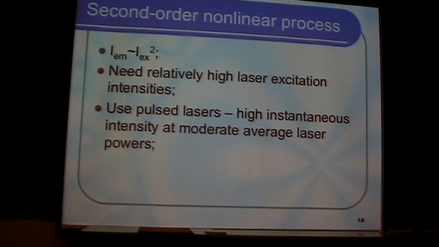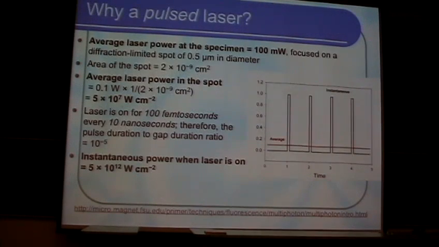However, this means that in order to achieve strong fluorescent signal, one needs relatively high laser excitation intensity, and this is the reason why in two-photon fluorescence or other multi-photon fluorescence approaches, one usually uses pulse lasers that allow us to achieve high instantaneous intensities at moderate average powers delivered to the samples.